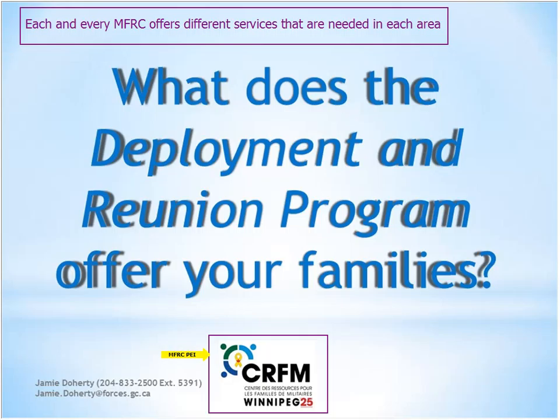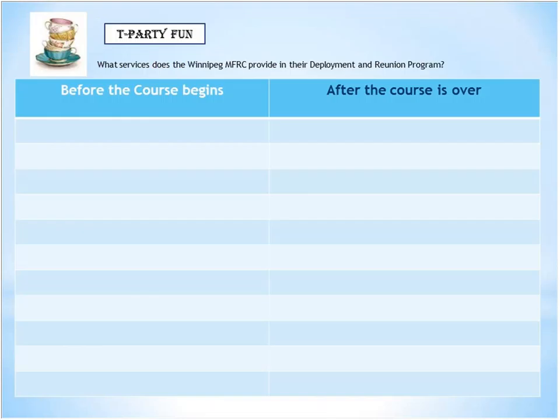On the next page, we're going to brainstorm some of the ways we currently think or know the Winnipeg MFRC supports members and their families through deployments. So I'm going to click over here. This is called Tea Party Fund. What services does the Winnipeg MFRC provide in their deployment and reunion program? I'm going to ask each of you to take 2 lines, a darker and a lighter. Dana, I'll give you these 2.